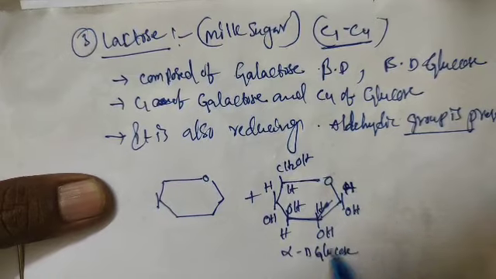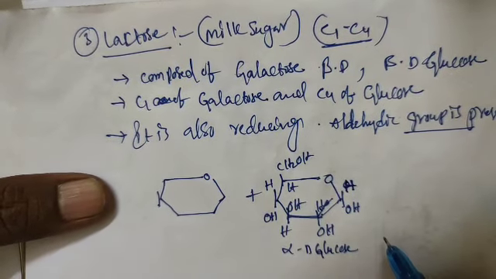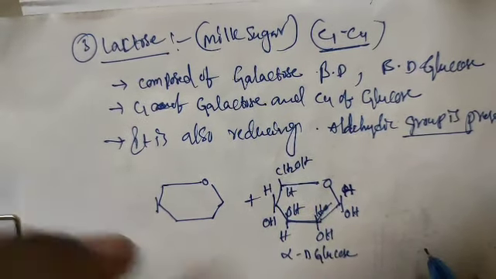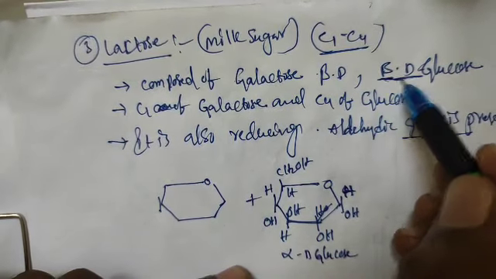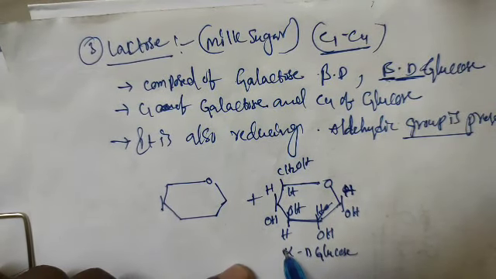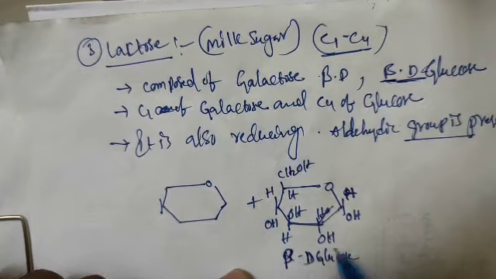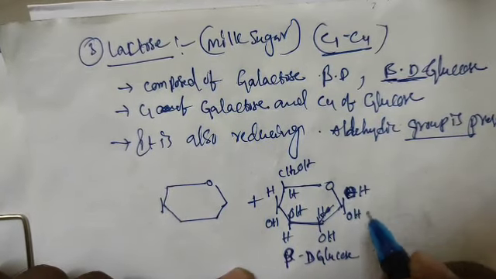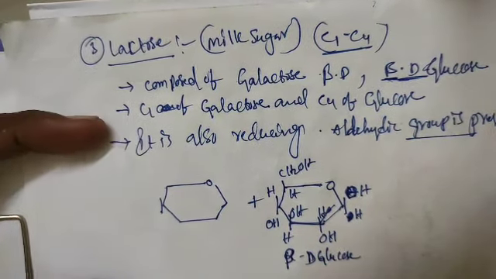If it is beta D, this OH will come up. So beta D glucose means OH, H like this will come. Yes, correct.